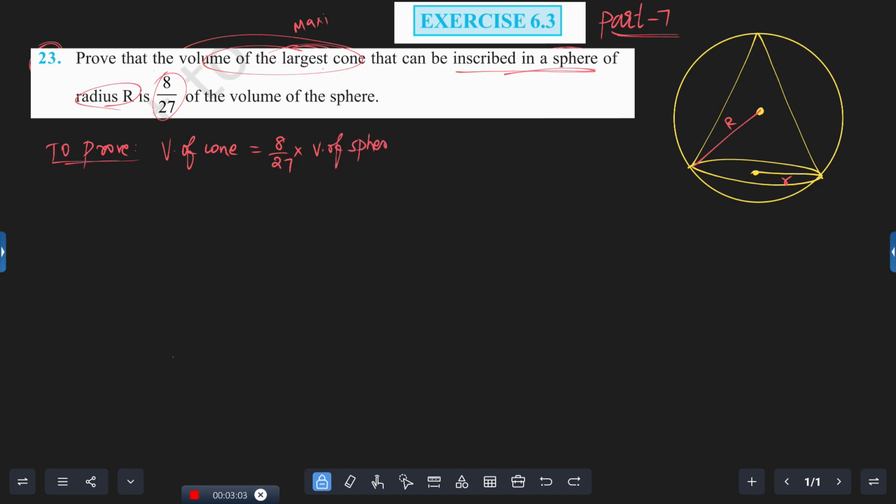This is what we have to prove, and we have to say volume of cone is maximum. Okay, volume of cone is what? Maximum. So two things we have to say. Volume of cone is maximum, and one more, volume of cone equals 8 by 27 times the volume of a sphere. These two things we have to prove.